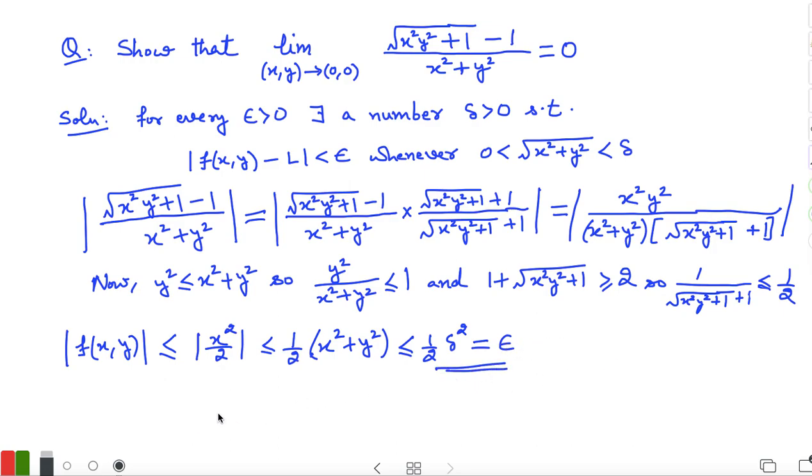we have that for any epsilon positive we have found a delta positive.